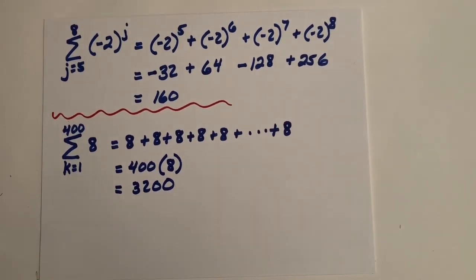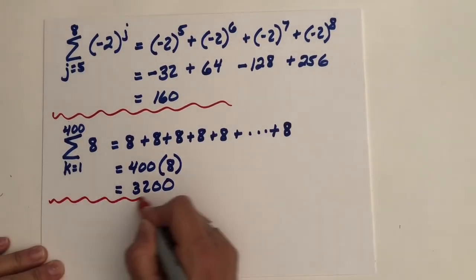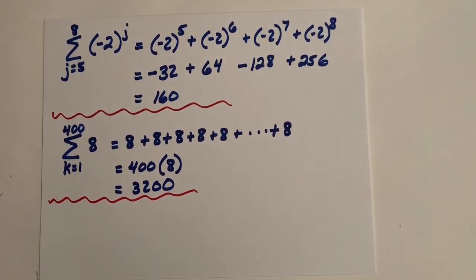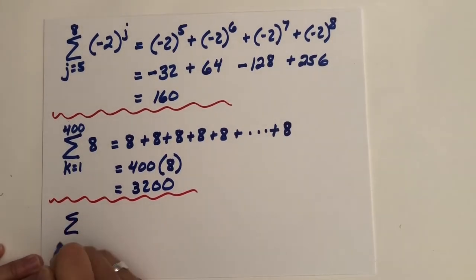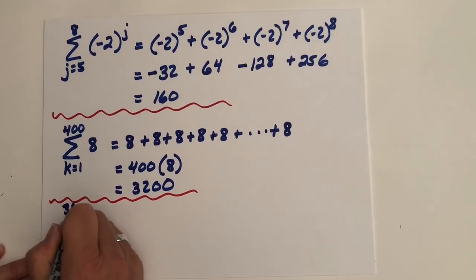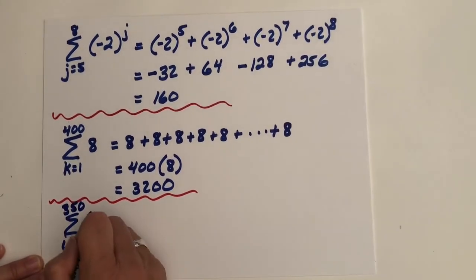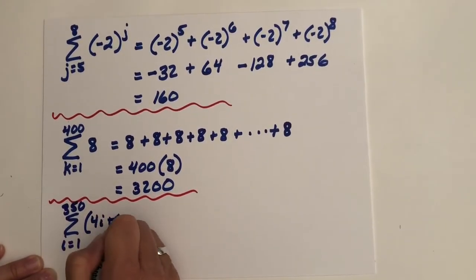Now, this summation notation is nice for other expressions that look like that. So for example, you could have i equals 1 to 350 of 4i plus 1.